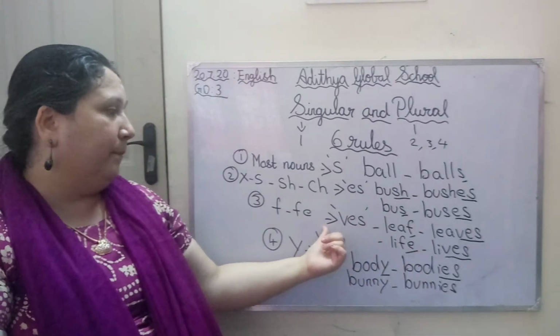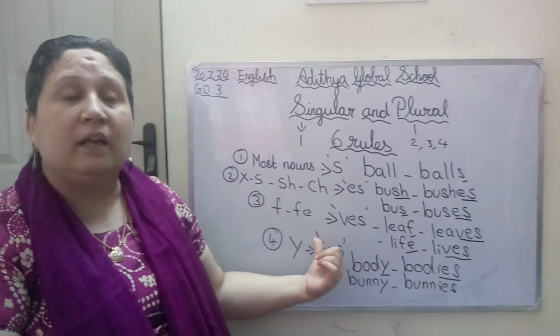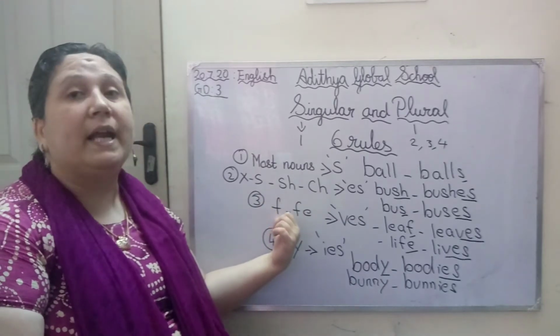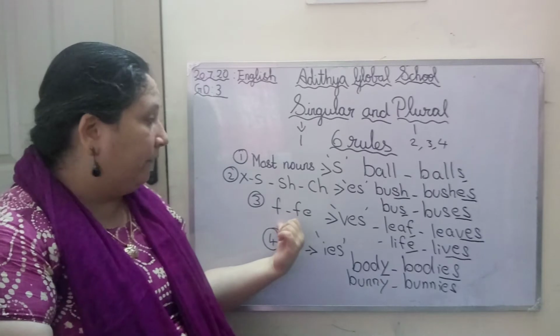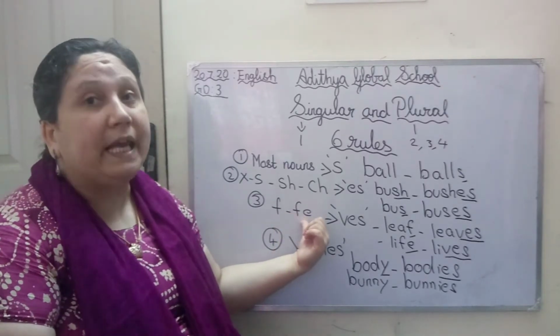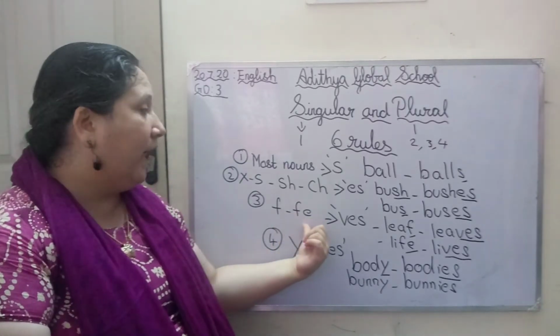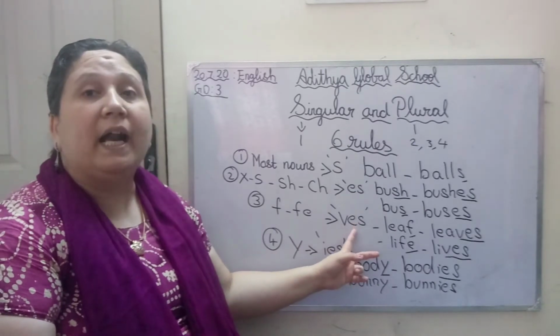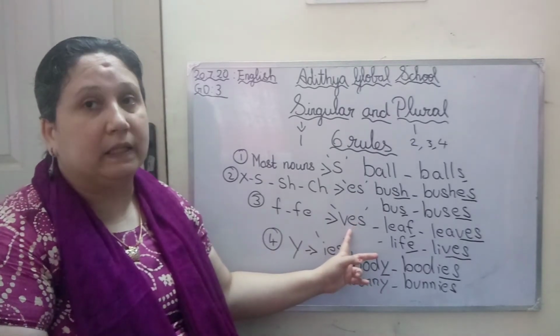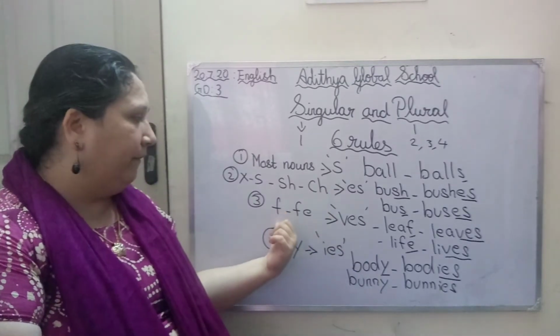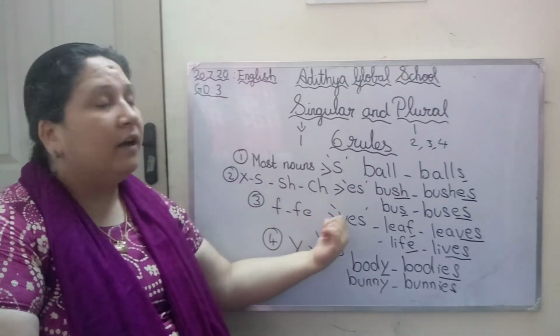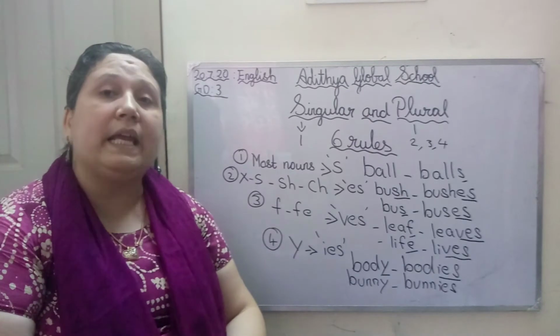And the next one, the third rule is we are going to see the word ending with F. Any word that ends with F or FE, we add VES. So what we add here? When a word ends with F or FE, we add VES.